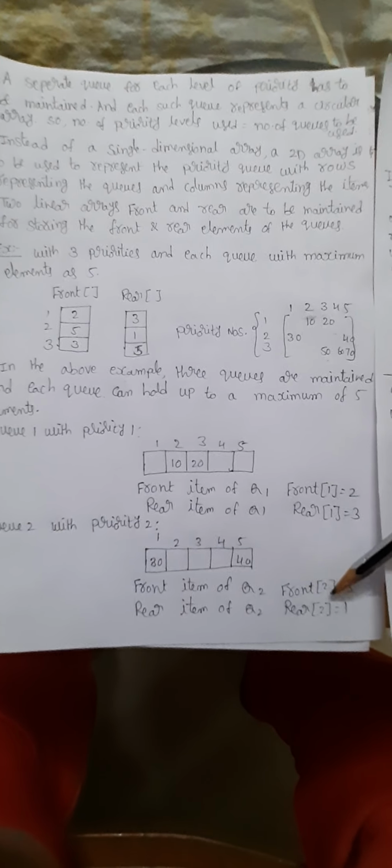See here, first Q1 with priority 1, that is 10 and 20, already explained. The front item of Q1 is front of 1 equal to 2 and the rear item of Q1 is rear of 1 equal to 3. And Q2 with priority 2, that is rear of 2 equal to 1, this is priority 1, priority 2, these are the priorities, and the front item of Q2 is 5 and the rear item of Q2 is 1, which is located in the first position.